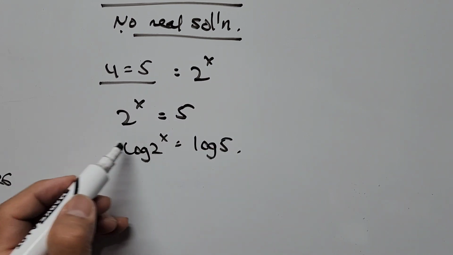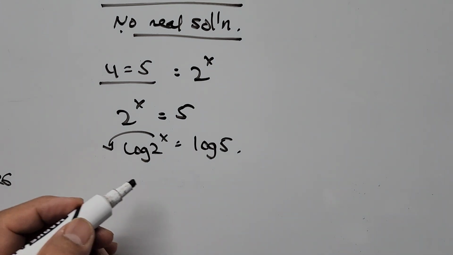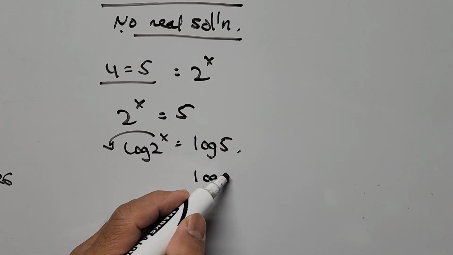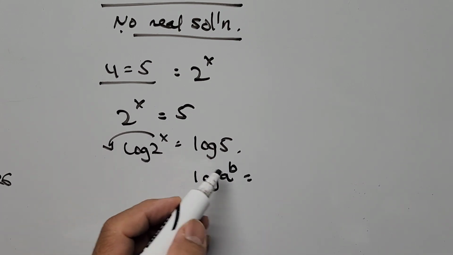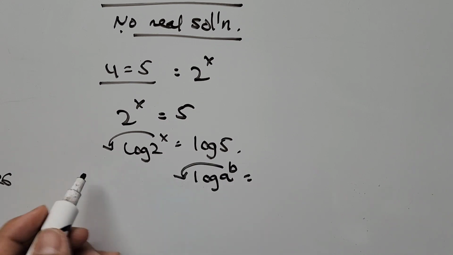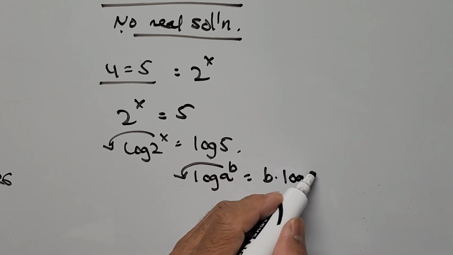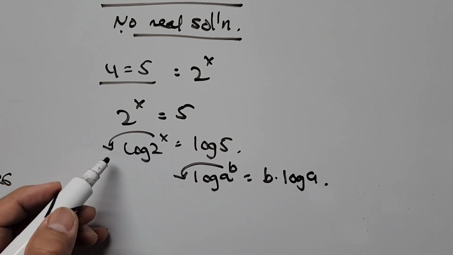So from here we can take down the exponent as a coefficient from logarithm power rule. So we have log of a exponent b is equal to, we can take down the exponent to the front as a coefficient. So we have b times log of a. So we use that on here. So we're putting down x to the front as a coefficient.